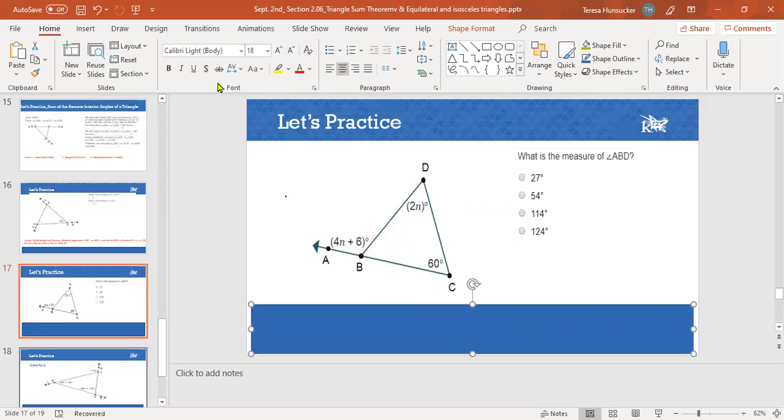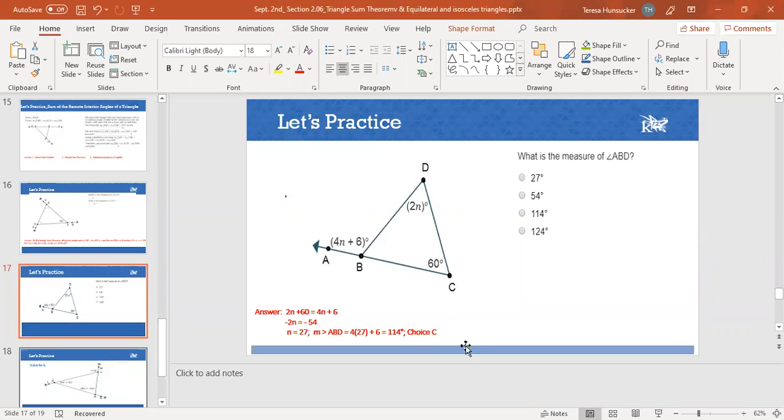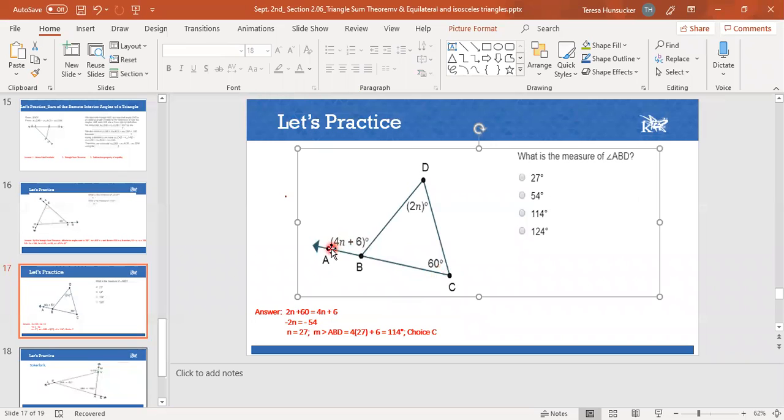So let's go through that really quickly. We're going to add 2n plus 60 equals this exterior angle. D plus C equals the exterior angle B. The two angles far away from angle B are D and C. So we'll set 2n plus 60, the two remote interior angles, equal to that exterior angle, 4n plus 6.